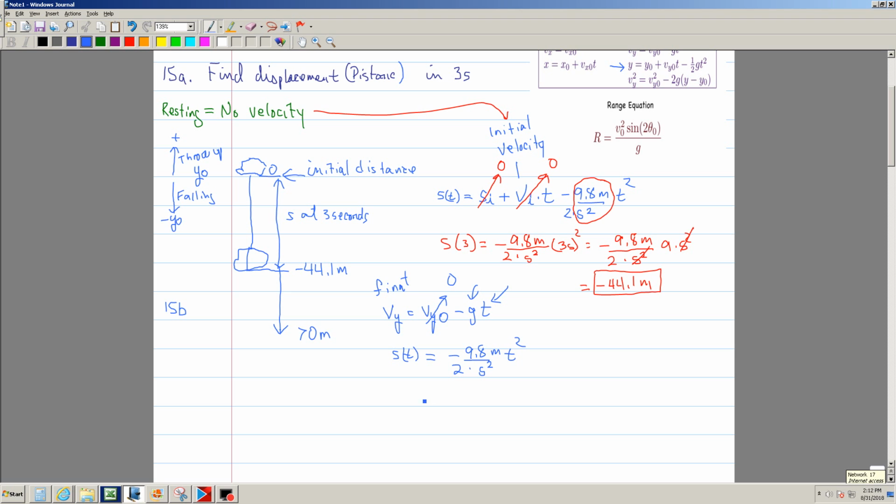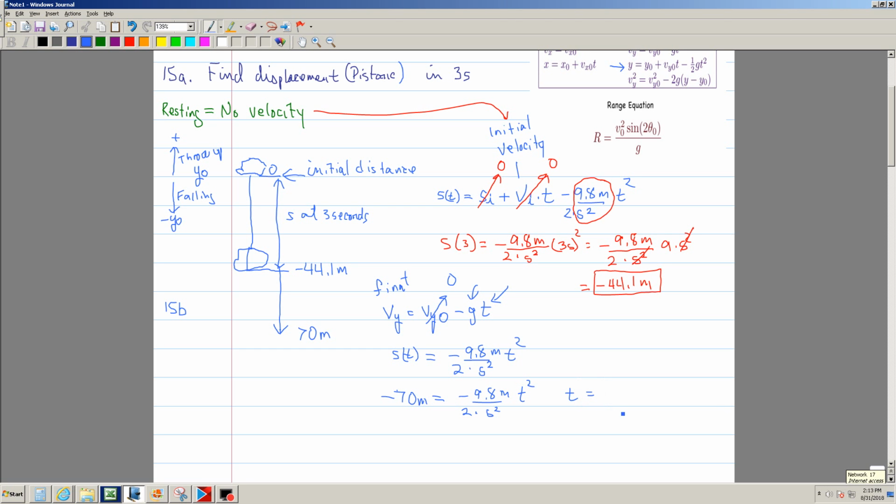This traveled 70 meters, so we'll say negative 70 meters equals negative 4.9 t squared. So we solve for t.